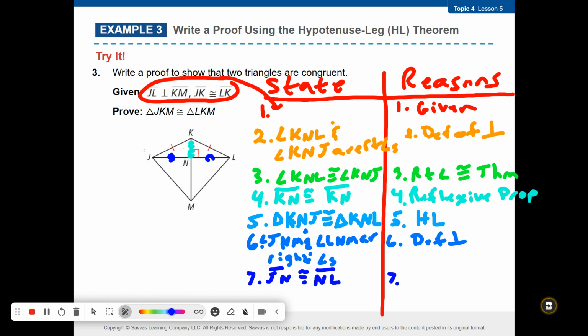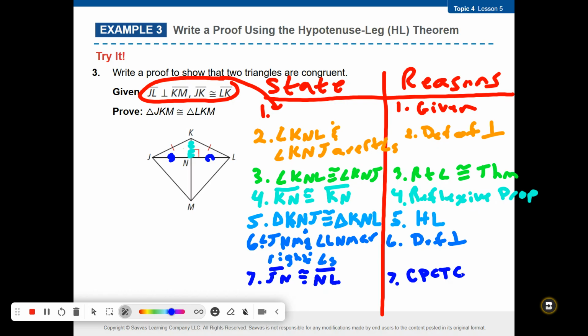So which means what? Yeah, it's CPCTC. Very good. Congruent parts of congruent triangles are congruent. So if we wanted to define N as a midpoint, or that KM is a perpendicular bisector, absolutely we could. Do you guys see how that kind of works? Okay. All right, so we have that.